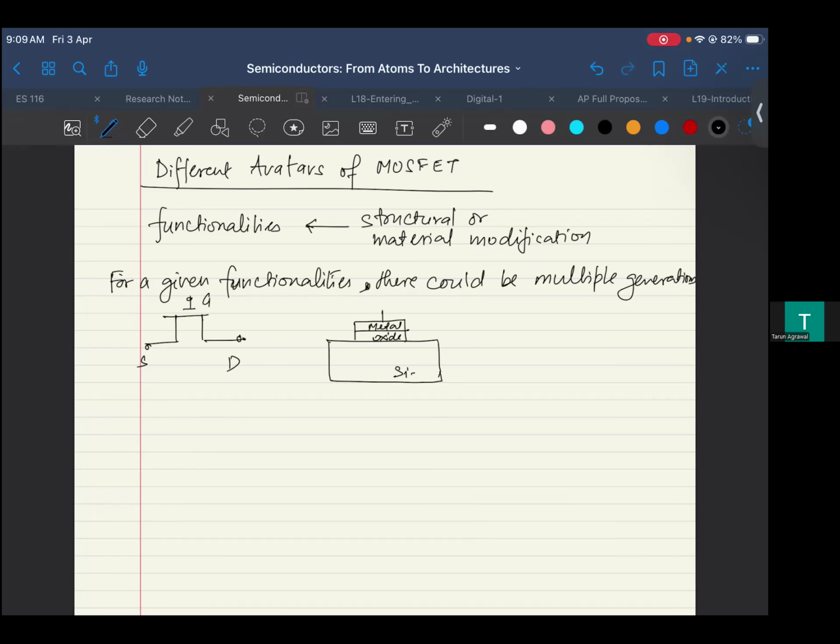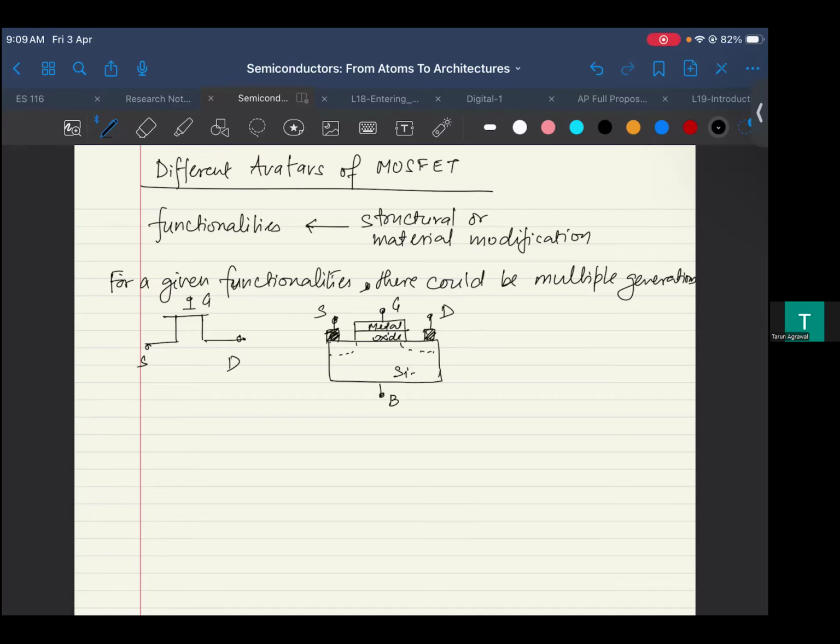There is a contact here which gives the gate, and a contact on the source drain side. I'm not drawing the pockets because this is the bare minimum we need in the MOSFET. If you know why we need these pockets, that is there, right? But this is the basic structure of MOSFET we have been talking about. This is your body, right?